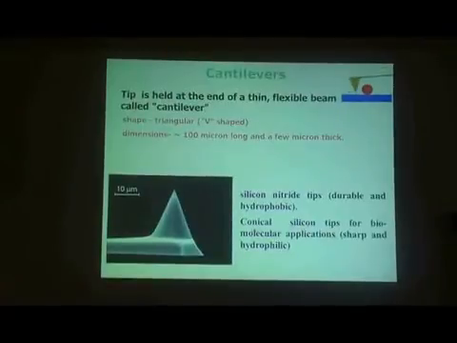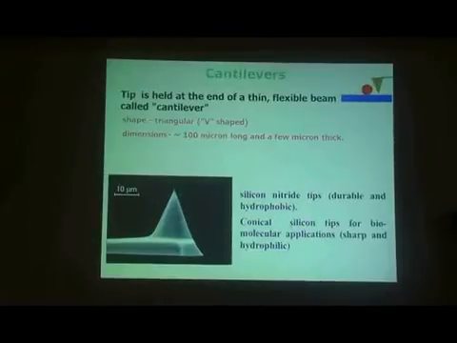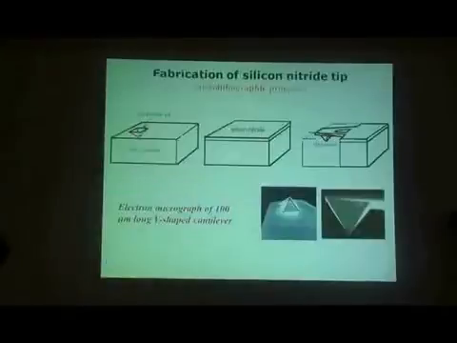One is silicon nitride, which is very stable and can be used for hydrophobic substances. The other is silicon tips, which are very sharp but hydrophilic, and can be used for biological applications. If you want to study other properties, you usually coat the tip with the type of material that you want. For example, if you want to study electrical conductivity, you can coat the tip with gold or platinum.